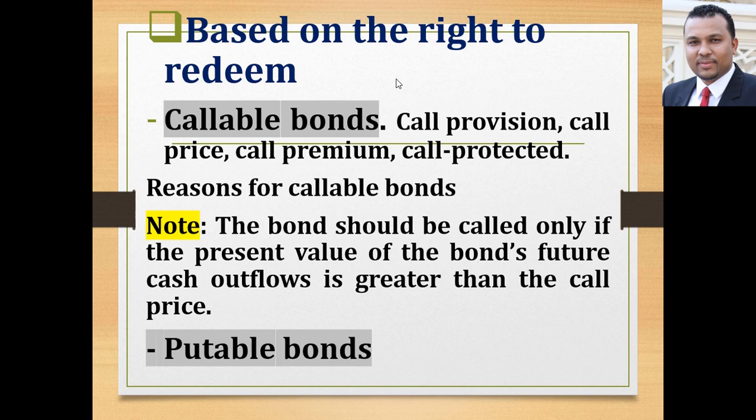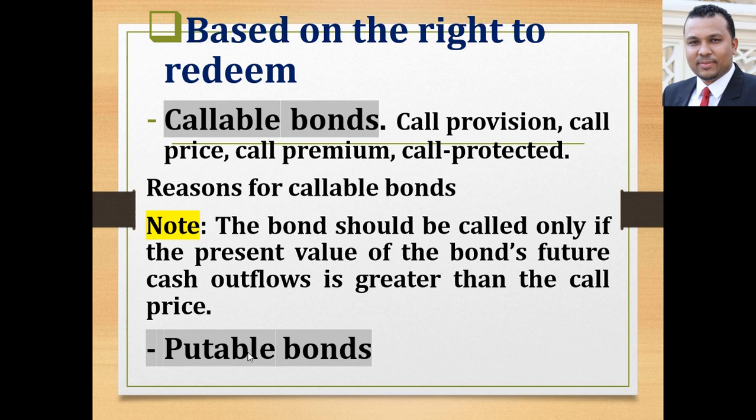So in callable bonds and putable bonds, we talk about a very important point. In a callable bond, the issuer has the right to redeem the bond before maturity. In a putable bond, the investor or bondholder has the right to redeem the bond before the maturity date.